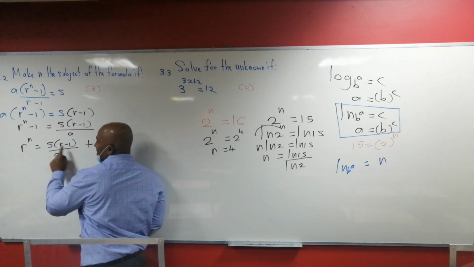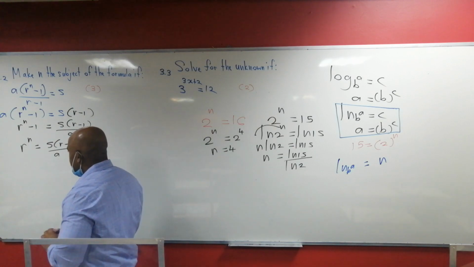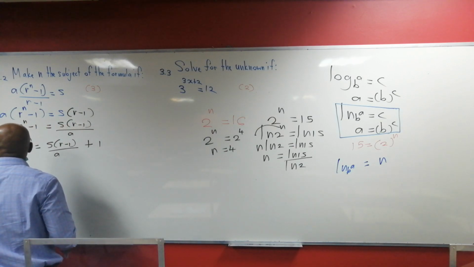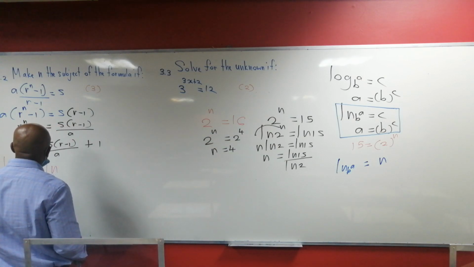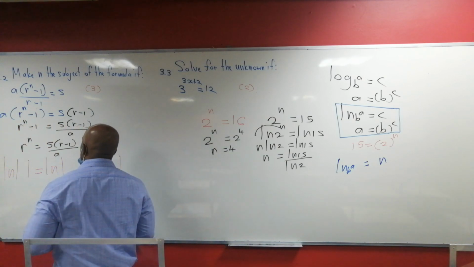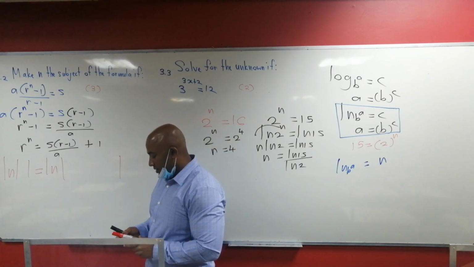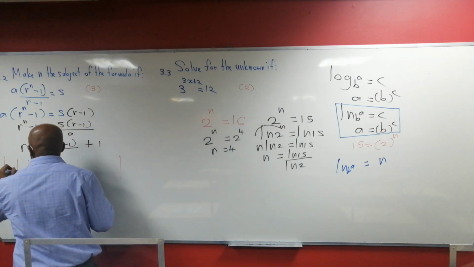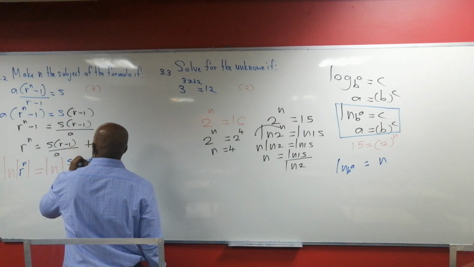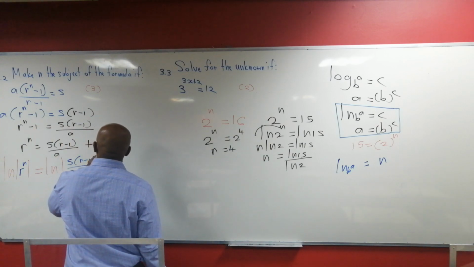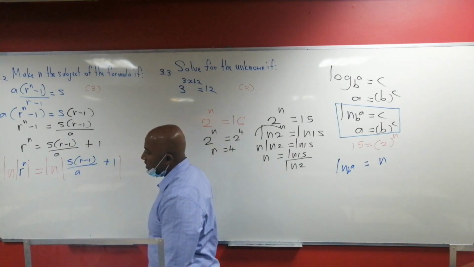None of these are equal to r. So what you're going to do is introduce logs or ln on both sides. So that's ln of r to the power n and ln of s times r minus 1 over a plus 1.